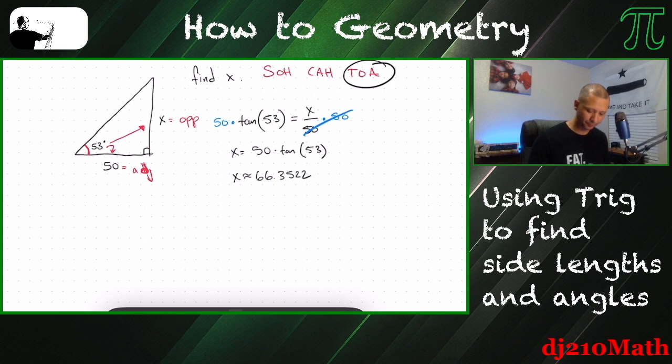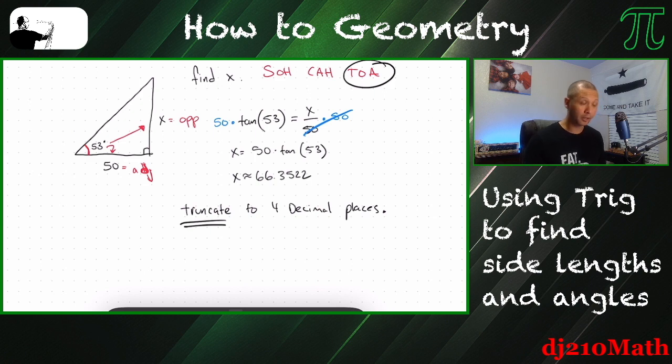Now, you may have a longer decimal in your calculator. Typically we're going to truncate to 4 decimal places. And you may be asking, what does truncate mean? Essentially, since we want to truncate to 4 decimal places, we count 4 decimal places, and then we chop the rest of the decimals off, and we do not round.